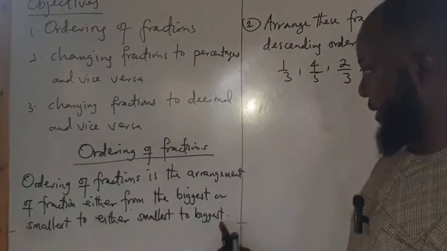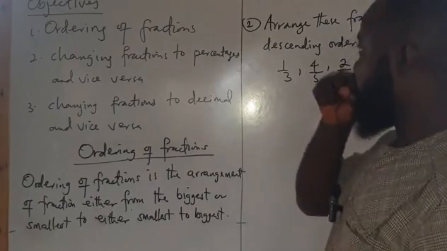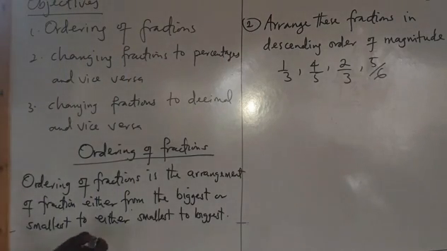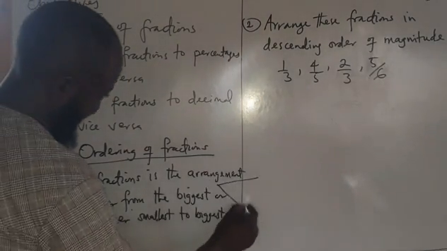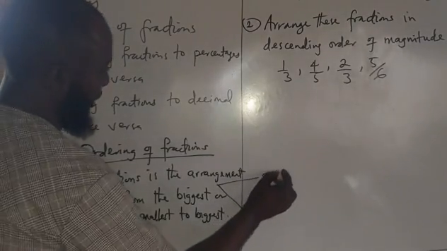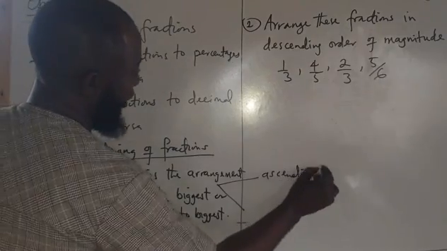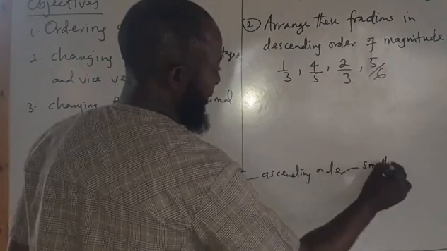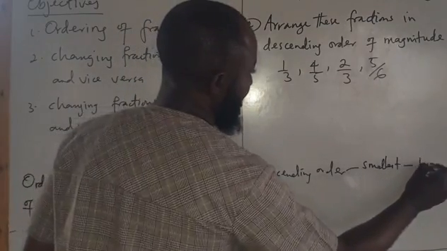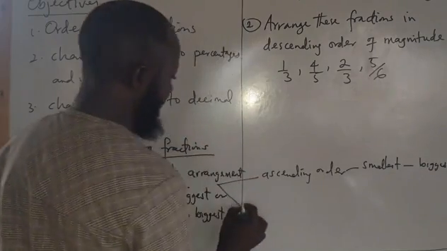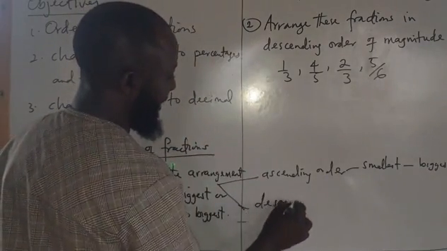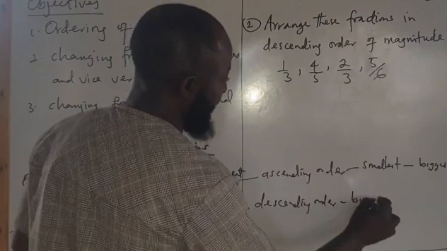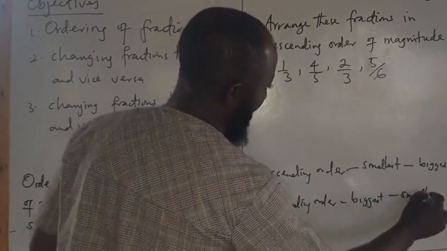This means it has two aspects: you arrange in ascending order, which means you are moving from smallest towards biggest, or you have descending order, that is from biggest to smallest. I hope this is very clear.